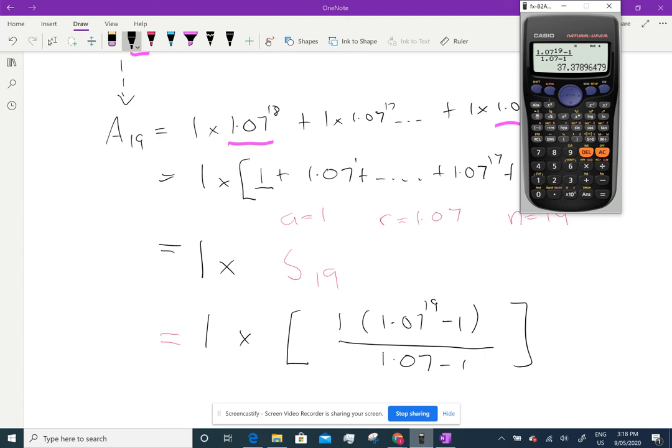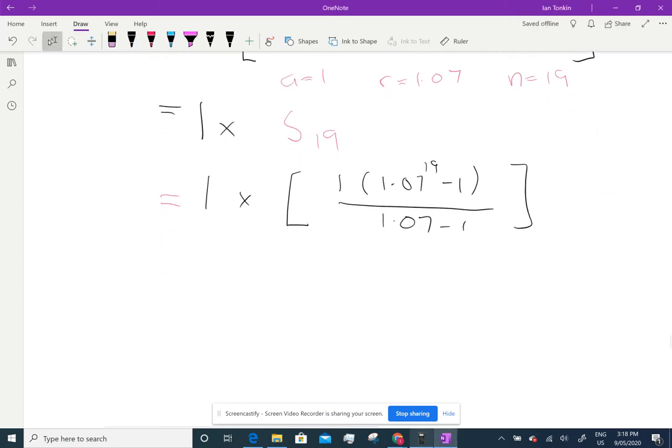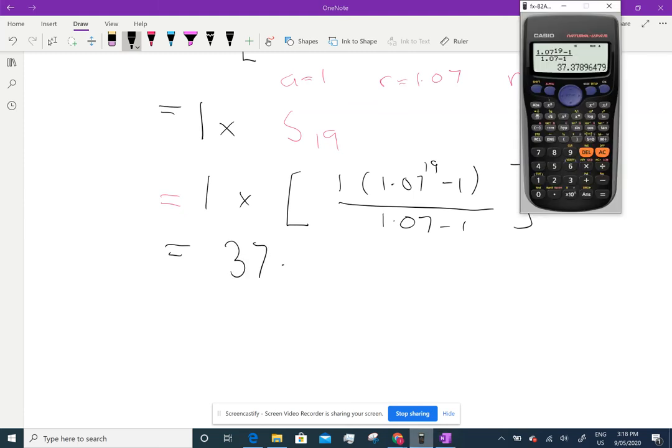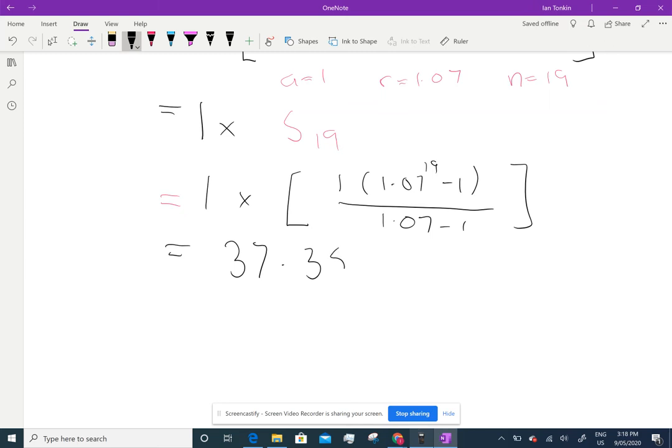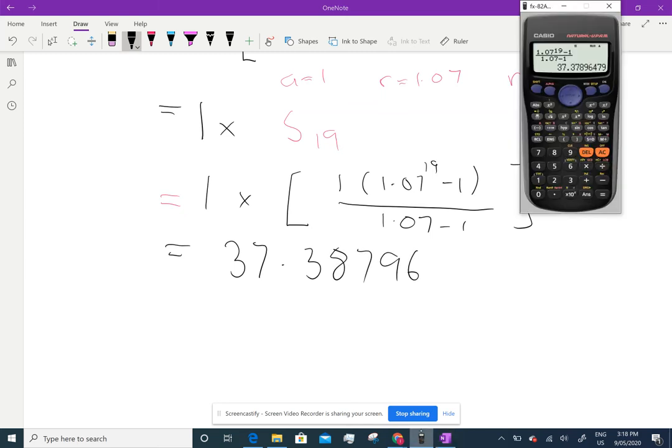37.37896. Right, I'm going to write that in because it's going to show that I know what I'm doing. I'm going to write all my stuff on my calculator.